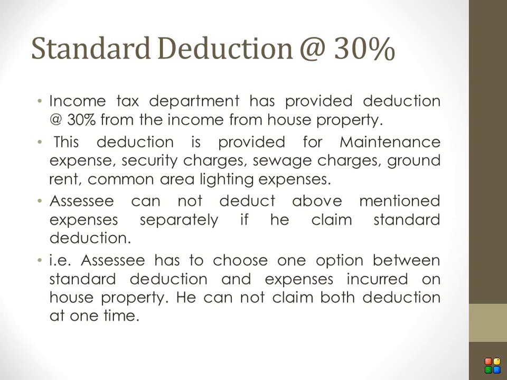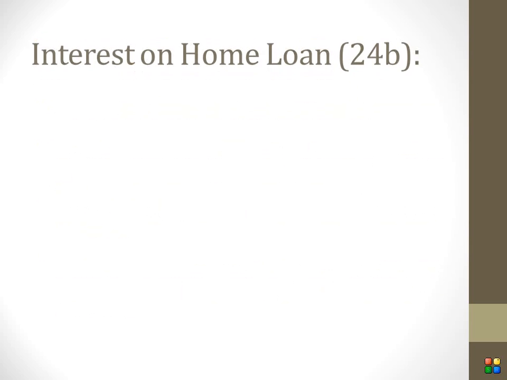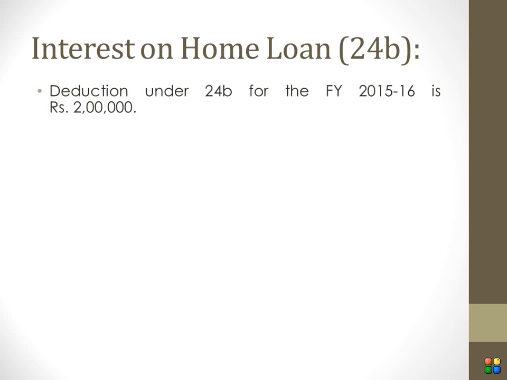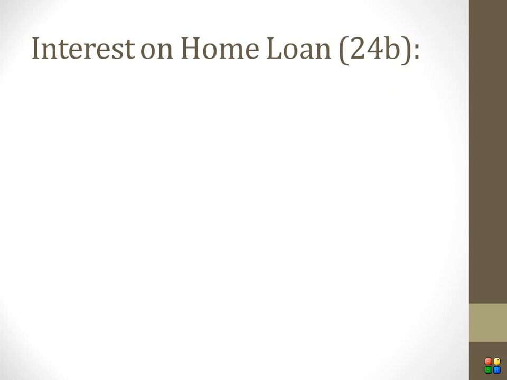Next one is interest on home loan, that is section 24B. This one is a very important section for salaried people and specifically individuals who are paying a hefty amount of EMIs to housing corporations or housing finance companies.